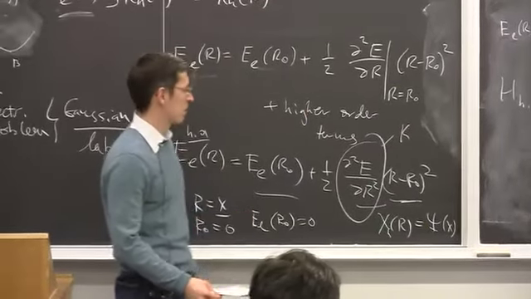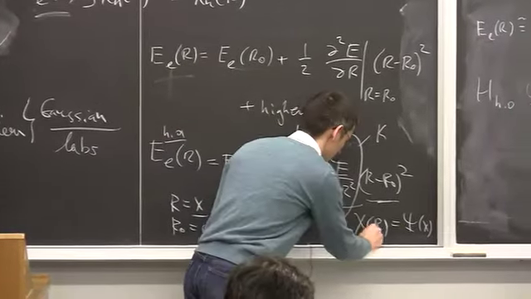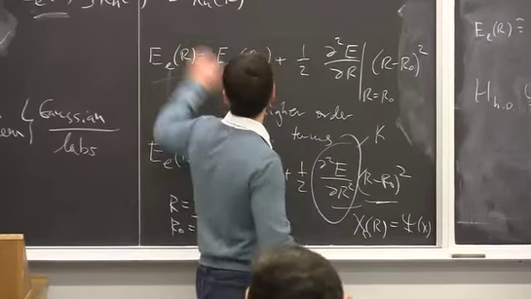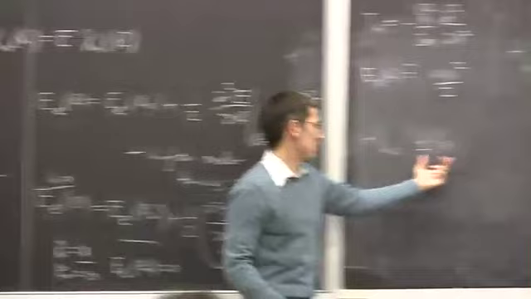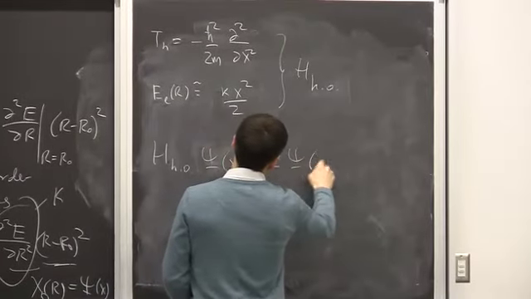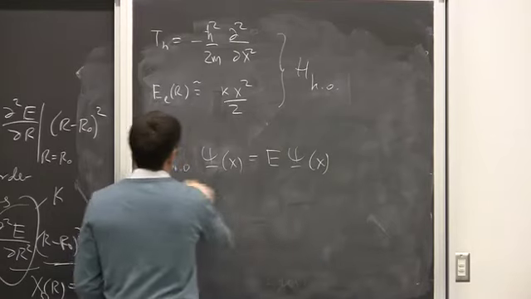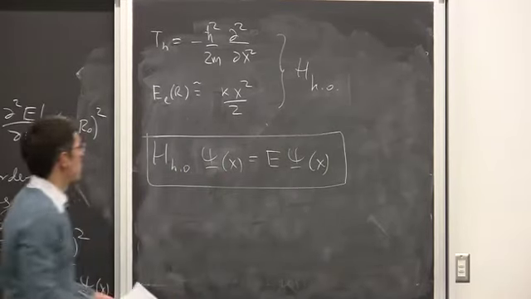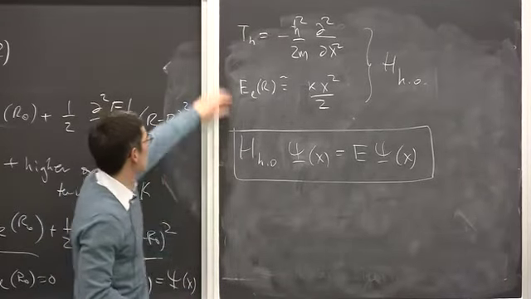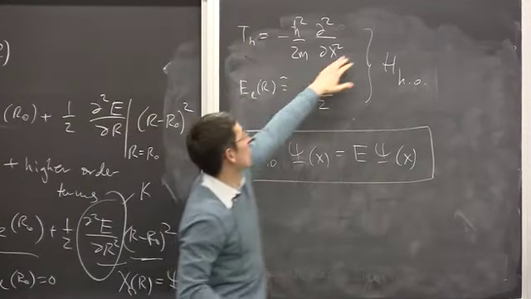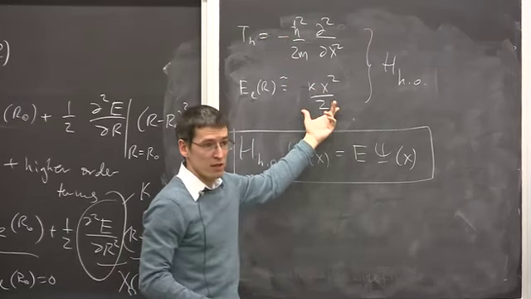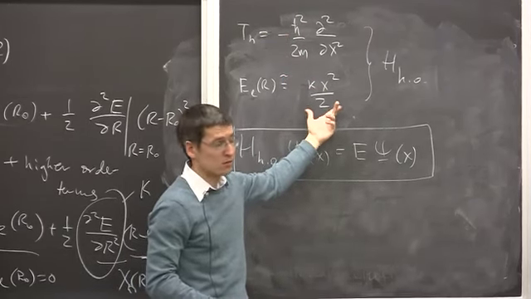Since we're working with the one-dimensional case, instead of chi n of r, we'll use a different psi of x. And this will be equal to E psi of x. So this problem is a time-independent Schrödinger equation problem with kinetic energy like in the one-dimensional particle in the box, and potential energy as a parabola.